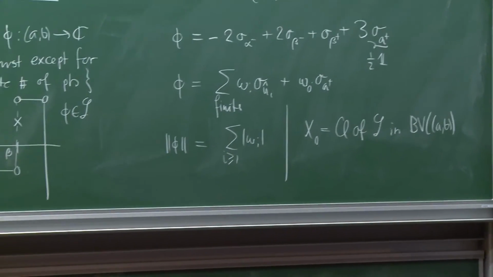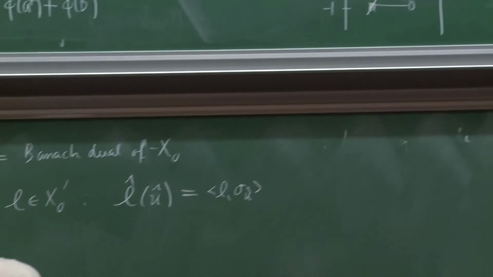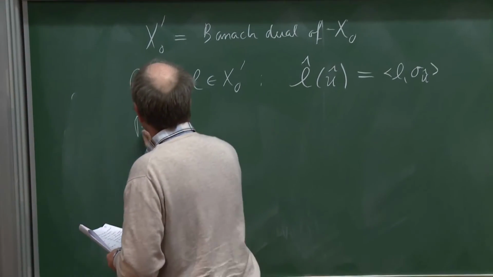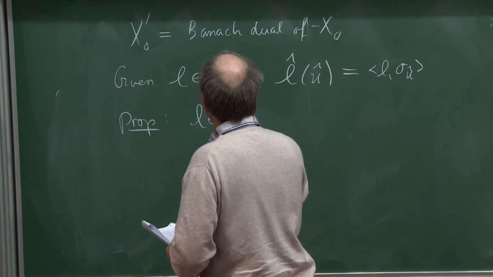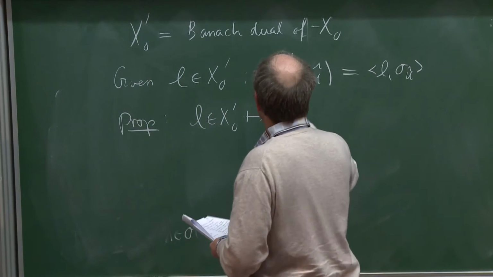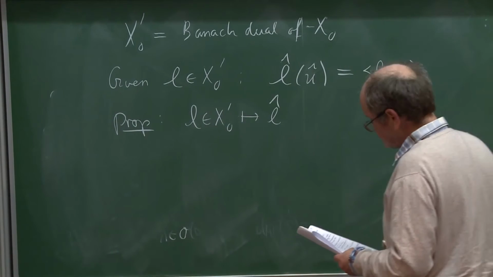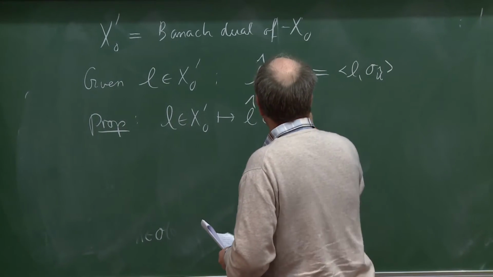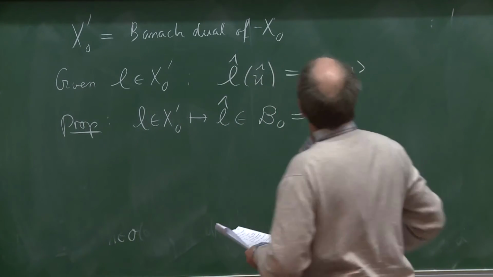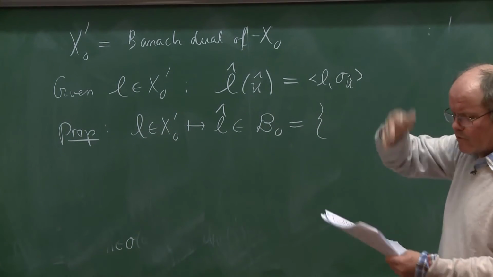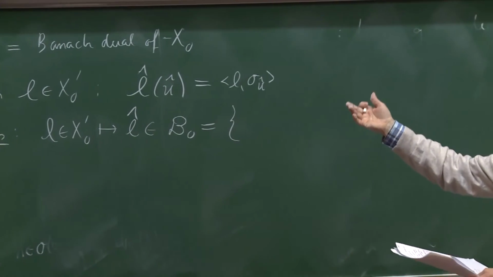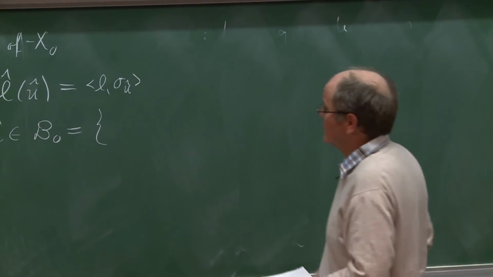I don't have the time to prove this, but there's a very simple proposition, which is that if I take L in X0 prime and map it to L hat in the space B0 — there's one little thing, which is that on a plus and b minus, you happen to get the same value but with opposite sign.